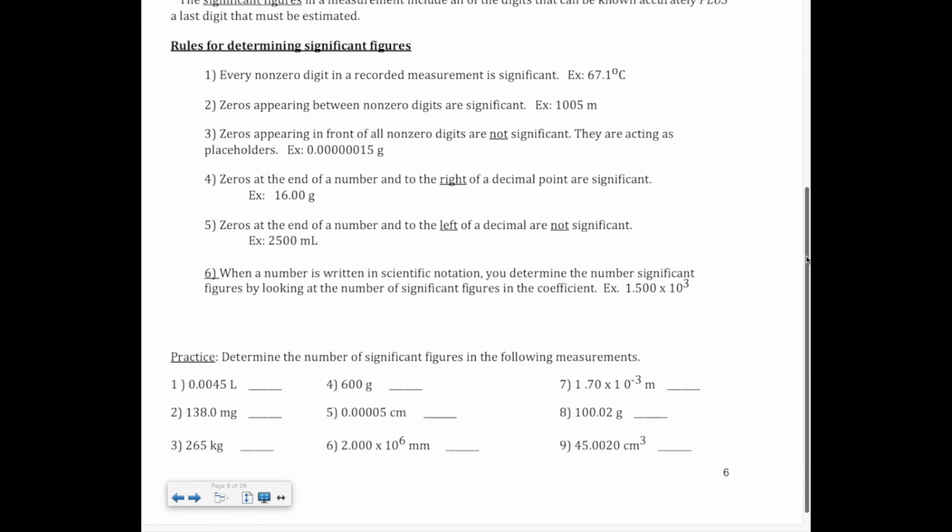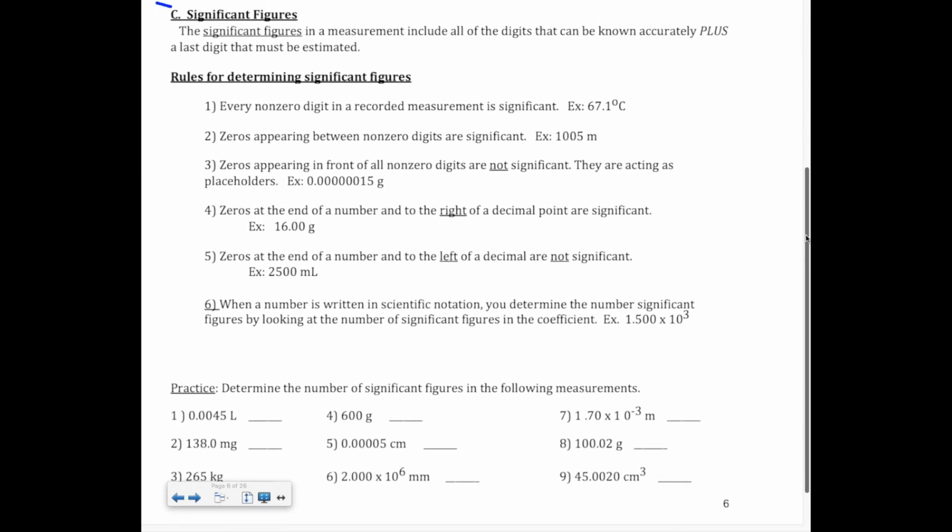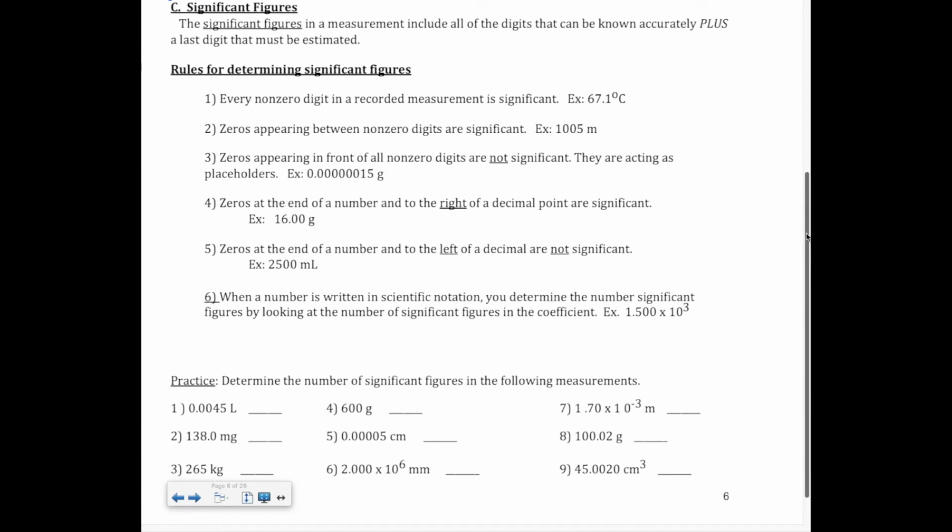Now, there are just rules that you have to determine when you look at sig figs, and you don't have to memorize each one, but they're good for reference as you practice them. And as we go through the course, you will get good enough practice where they won't be memorized anymore. You'll just know them.